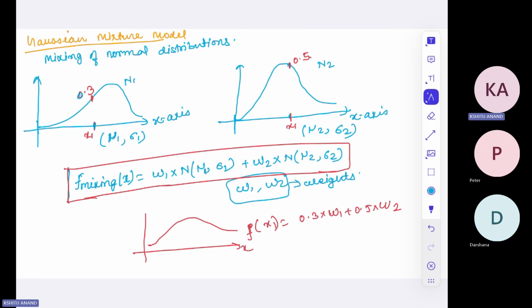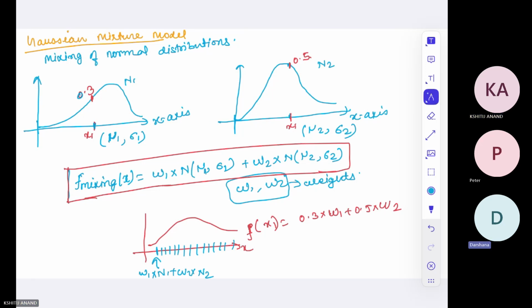Similarly for all x, the PDF will be W1 into the probability density according to the first distribution plus W2 into the probability density according to the second distribution. So for all x on the given axis, a new probability density will be generated, based on normal distribution 1 and normal distribution 2. Got it?